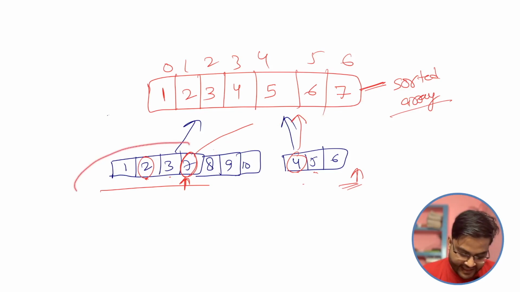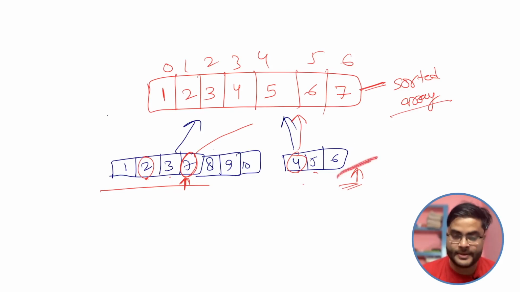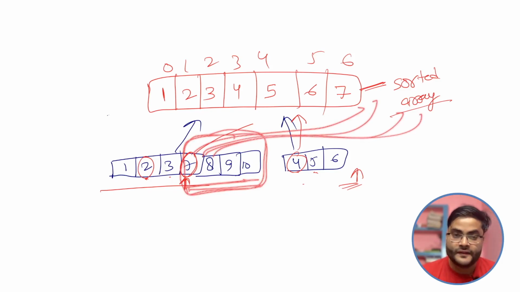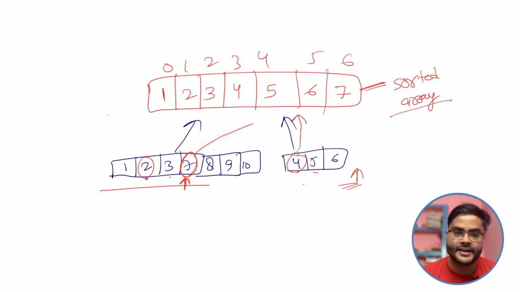Because see, this array is sorted. Now we exhausted all the elements in one subarray. So in this subarray, all the elements will be in sorted order, so we can put it directly in our original array. So that case we will also handle.